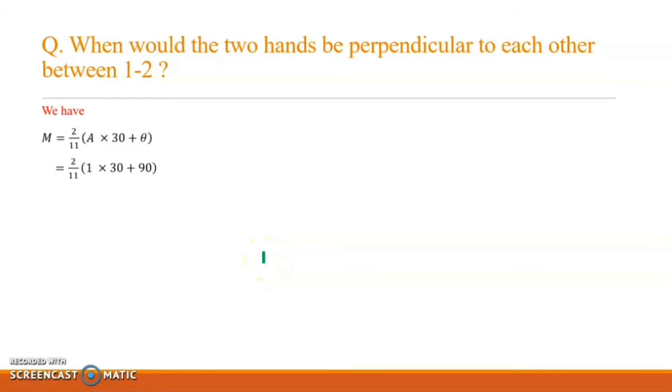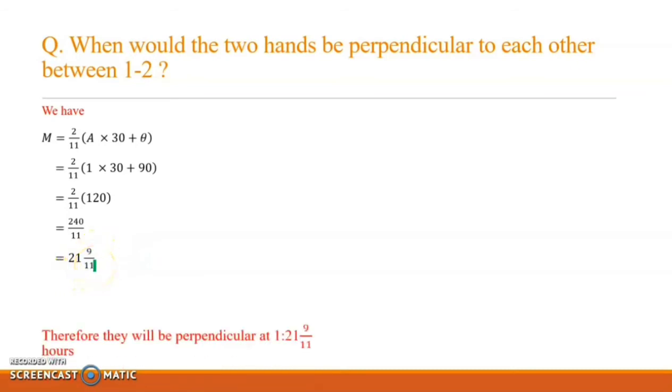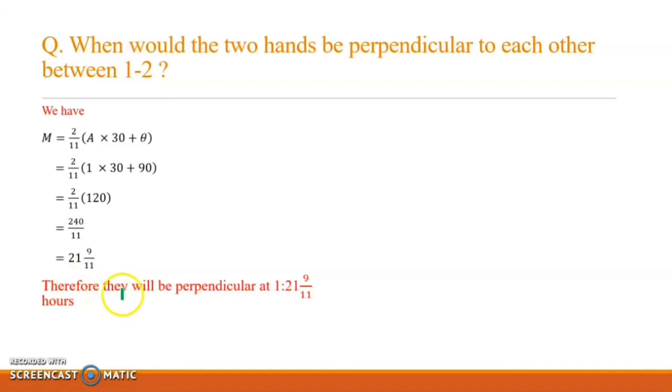So again, we have plus theta and minus theta. Now here theta is not equal to 0. Therefore, we will have two possible candidates for M. M is equal to, first, plus theta gives me 21 minutes and 9 by 11 seconds. Therefore, they will be perpendicular at 1 hour, 21 minutes and 9 by 11 seconds.